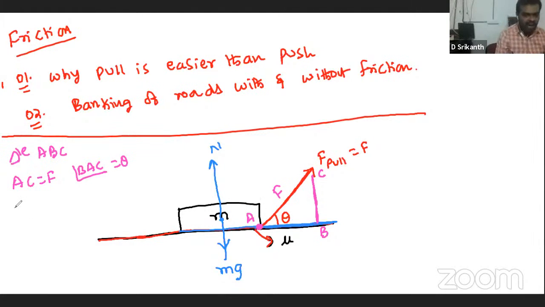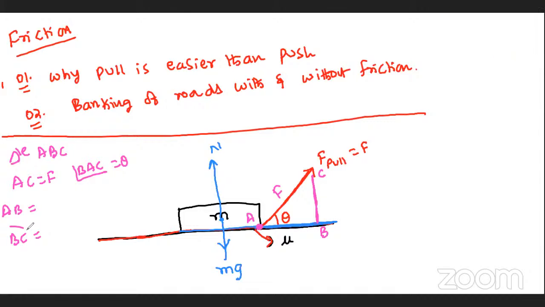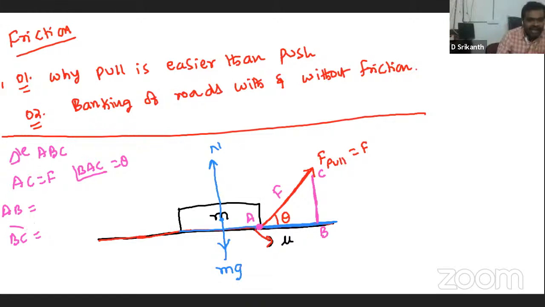Now find the values of AB and BC. AB is F cos theta.